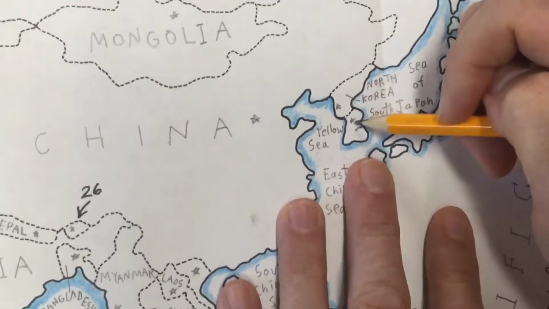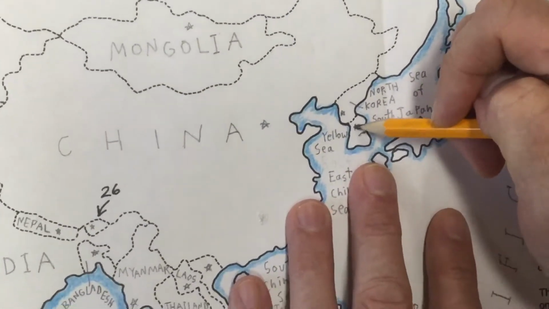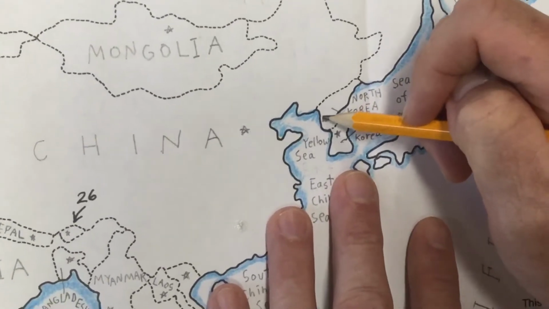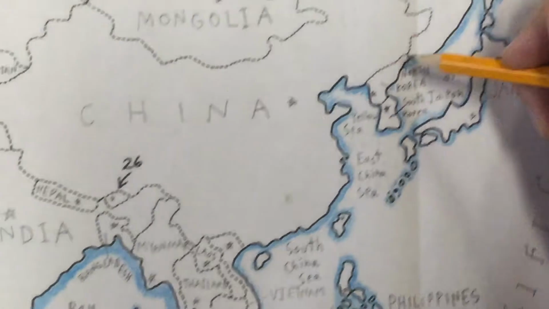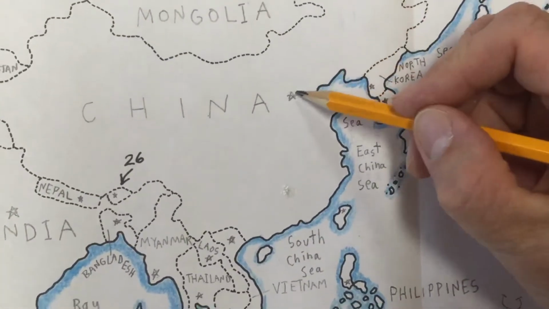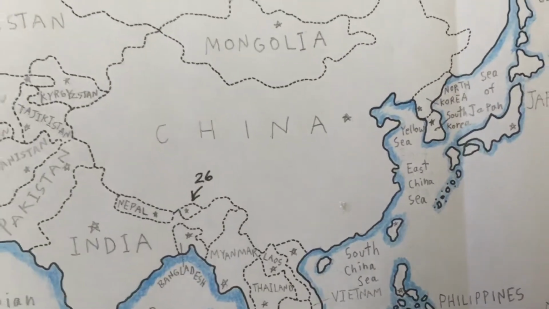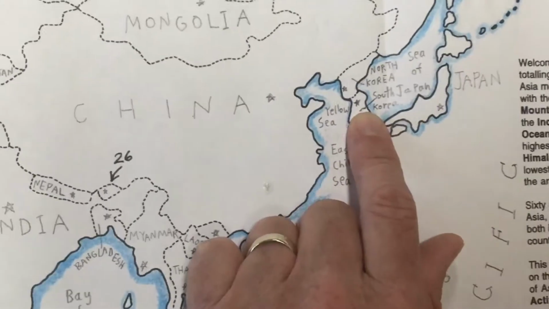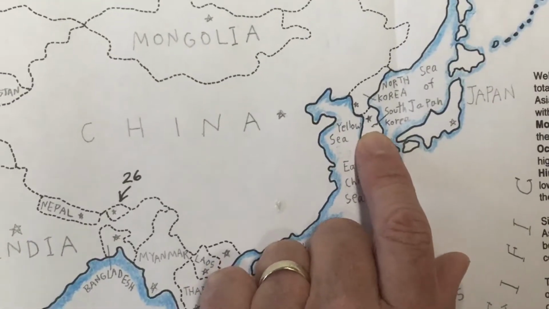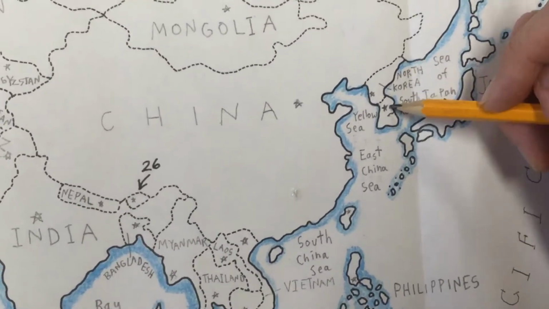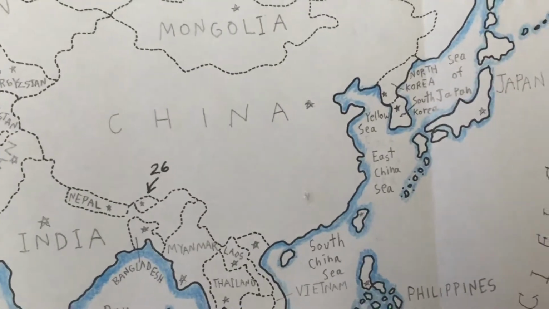You can take note of the little star. I've tried to position the capital star in the location of the various capitals, and maybe you've been taking note of that. I think that's nice. Even if you don't label the capitals, we'll talk about that a little bit later on, but I did try to position it in the correct place.